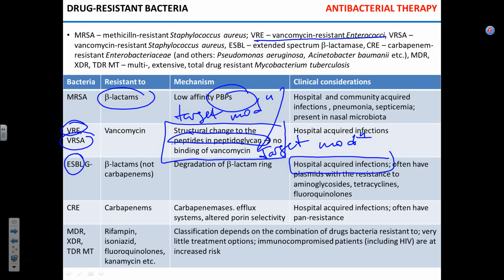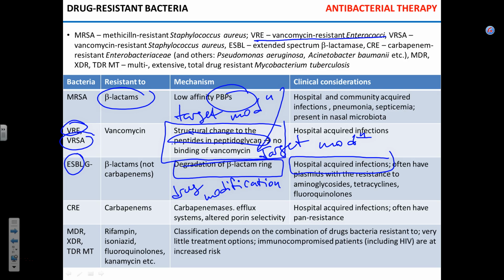Okay, so these guys have beta-lactamases, the enzymes that degrade beta-lactam. So in this case, it's going to be a drug modification. Because in this case, it's a drug that gets destroyed. If I go too fast, let me know. Okay?